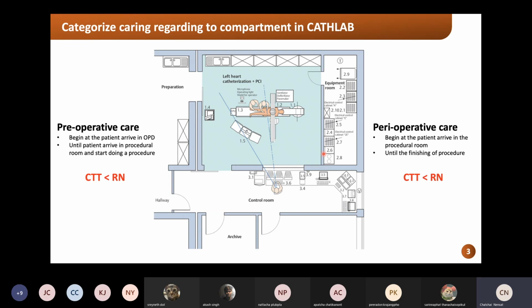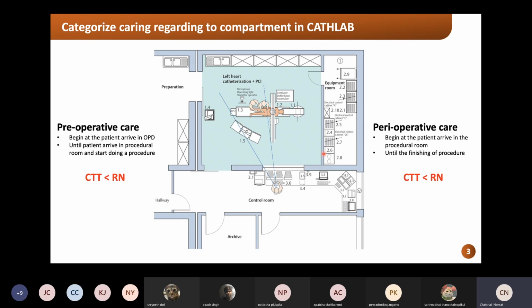So we need to know this information, because we also work as a team, right? But anyway, as I told you, it's not directly our role to provide the pre-operative care.